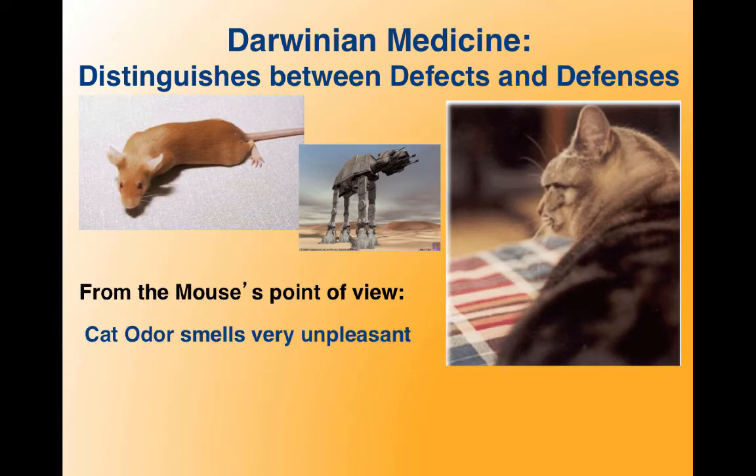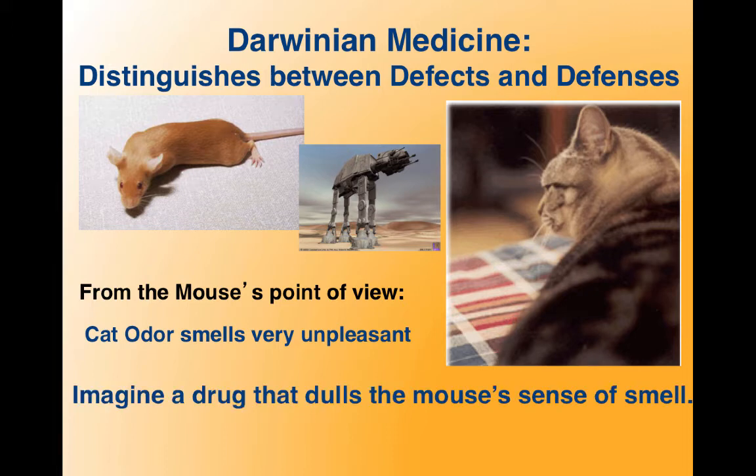Perhaps the unpleasant odor serves as a warning, alerting the mouse to the presence of a cat. Now imagine a drug that dulls the mouse's sense of smell. Do you prescribe it? On the one hand, if the mouse's reaction is a defect, you might want to prescribe the drug. On the other hand, if the mouse's reaction is an adaptation, a well-designed defense to protect it against cats, then perhaps you would not want to prescribe the drug.